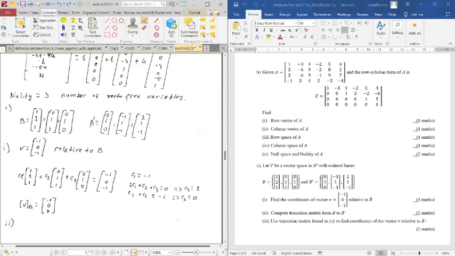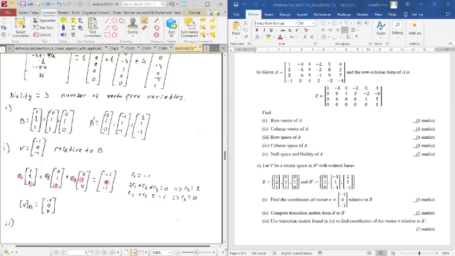So C1 times 1 plus C2 times 0 plus C3 times 0 equals -1. Since these are 0, we're just left with C1 equals -1. We do this for all the other elements. So C1 times this, C2 times this, plus C3 times this equals 0. And for the third one, C1 times 1, C2 times 1, plus C3 times 0 equals -1.